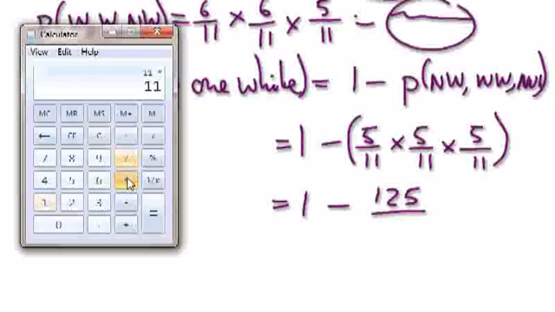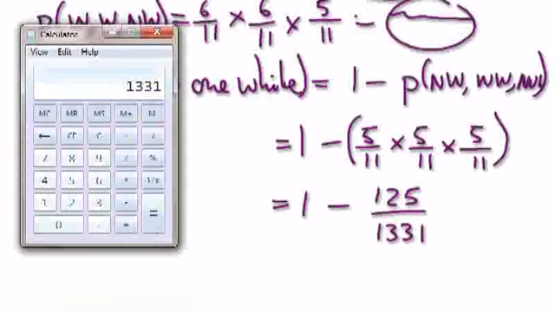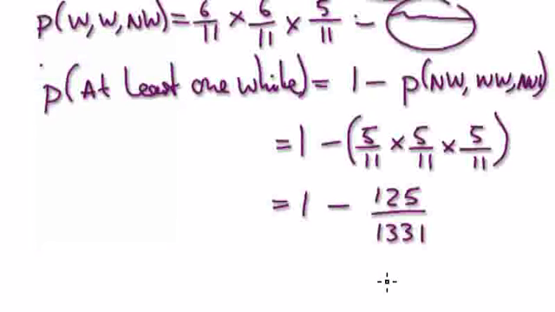So 11 times 11 times 11 equals 1331. Okay. Hang on. So now clear. So 125 divided by 1331 equals 0.0939.